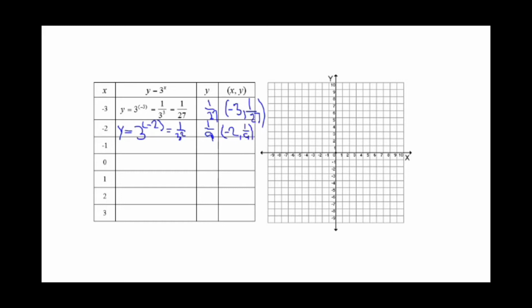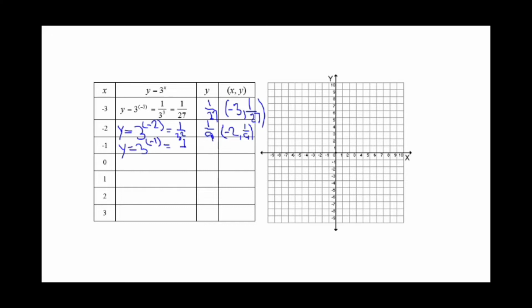Okay? And do the same thing for the next point. So all you have to do is plug in. You don't have to have a calculator for this. Next, I have y equal to 3 to the negative 1. So again, we rewrite this as a fraction with our exponent positive.